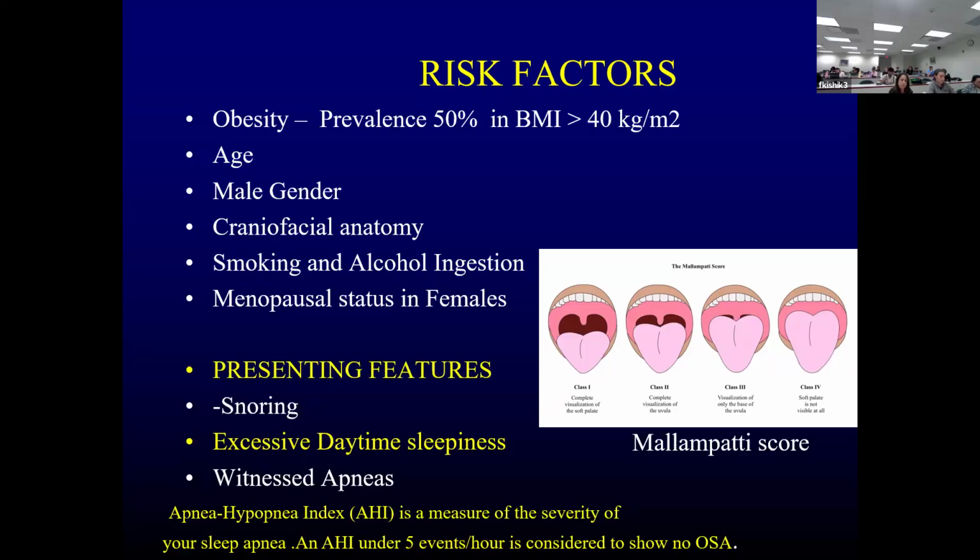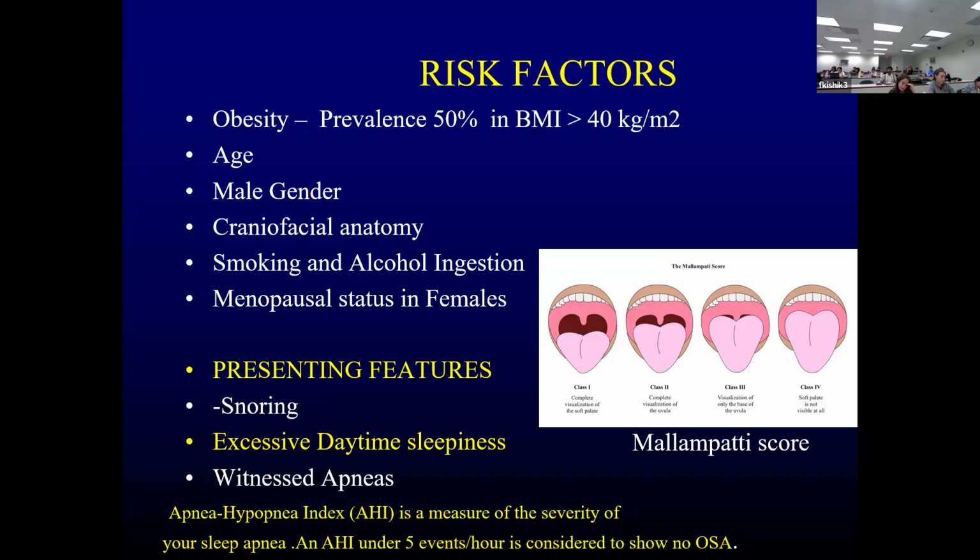If somebody has watched you having his or her breathing become shallow, that has a very high predictive probability for sleep apnea. Excessive daytime sleepiness is the most common complaint, and the most predictive is a history of witnessed apneas. Snoring may or may not ultimately result in sleep apnea, but you're on that train. Keep that in your mind. Mild, moderate, severe, you're on that train.